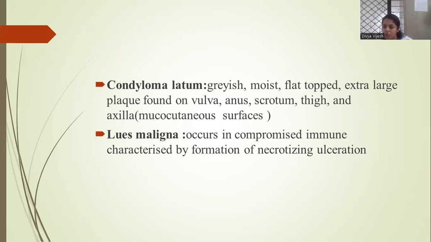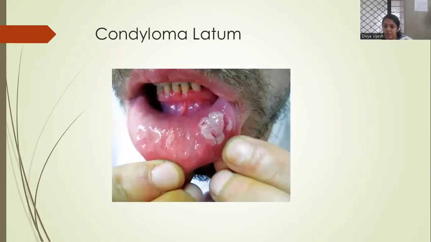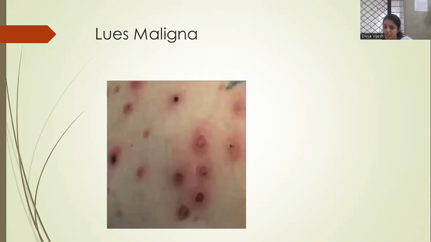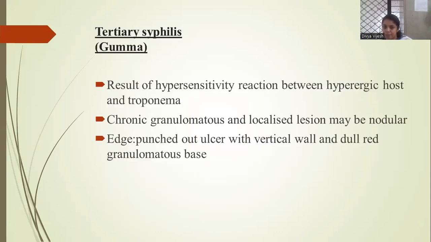So it's a plaque form of lesion associated with syphilis, that is condyloma latum. And lues maligna, it's a kind of necrotizing ulcer lesion, you can see. So this is some kind of papillary or plaque form of lesion associated with syphilis, condyloma latum, and you can see this lues maligna.